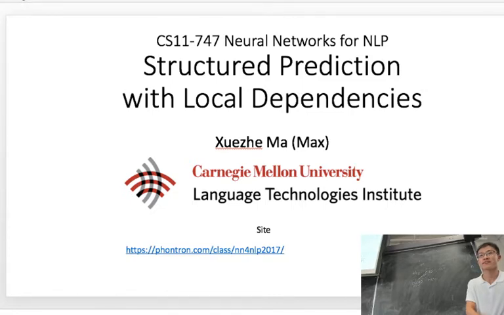What kind of conditional independence? If you are familiar with graphical models, the independence assumption is, for example, given y3, the y's on the left-hand side are independent of the y's on the right-hand side. So given y3, y1 and y2 are independent of the following parts.